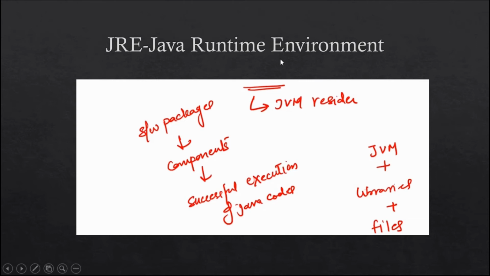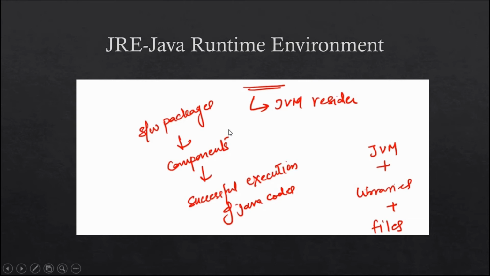It provides all the necessary software packages, libraries, files, and components, so as to run and execute your code in a proper way. It is responsible for the successful execution of your Java code. So it provides a complete runtime environment for your Java.